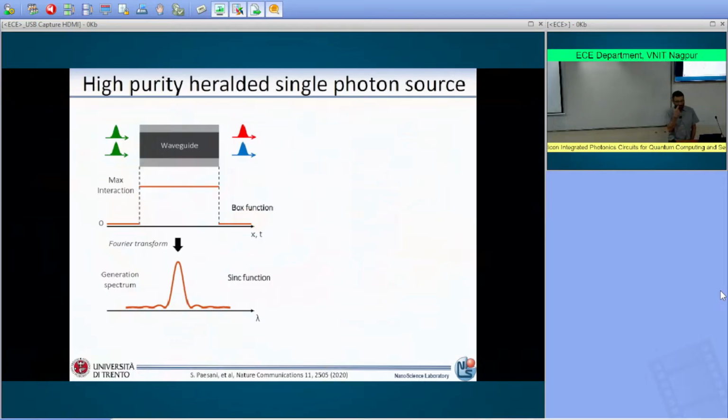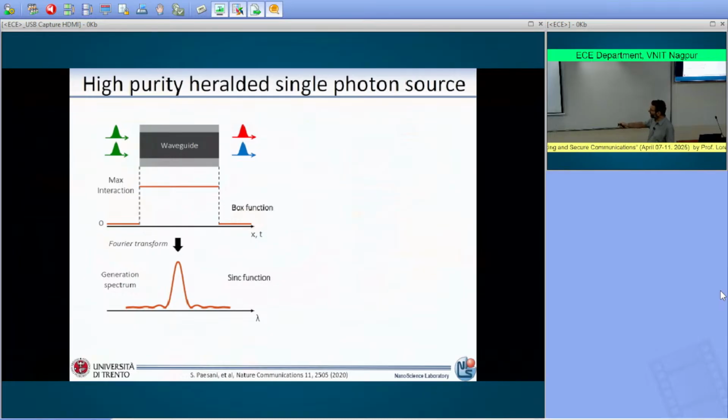So this technique is based on the realization that in an experiment, you are entering into your waveguide with two photons, which are the pump photons, that start to interact as soon as the two photons enter into the waveguide. And so the overlap between the two photons inside the waveguide has a box-like function. So you enter from here, and then they do interact up to the end of your waveguide.